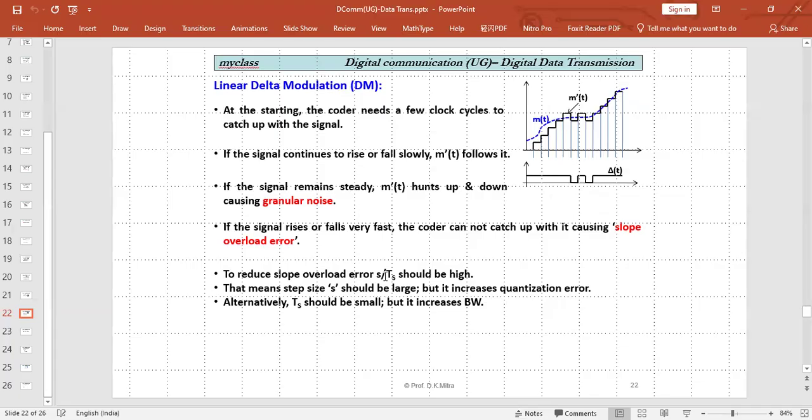So obviously the bandwidth requirement is 1 by 8. So this is the basic scheme of linear delta modulation.